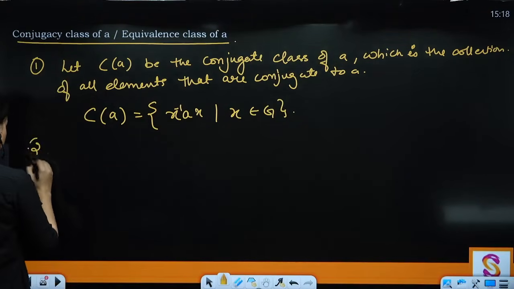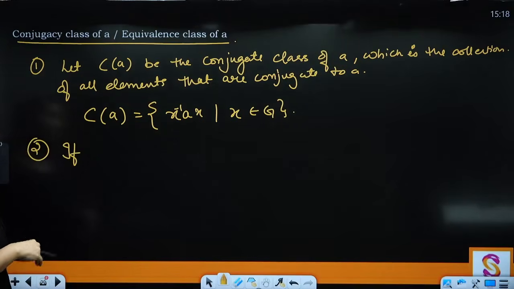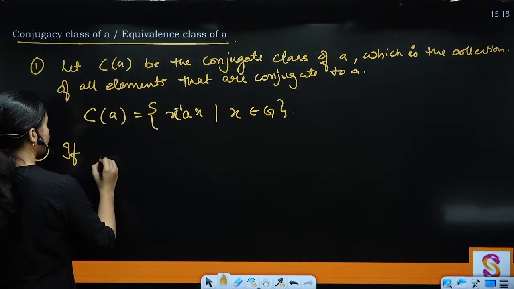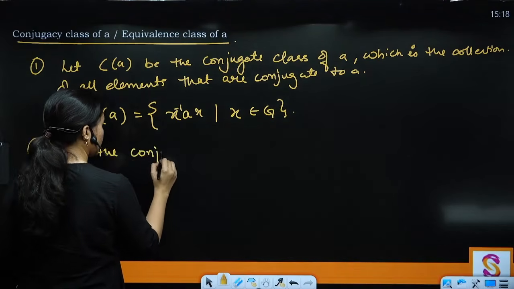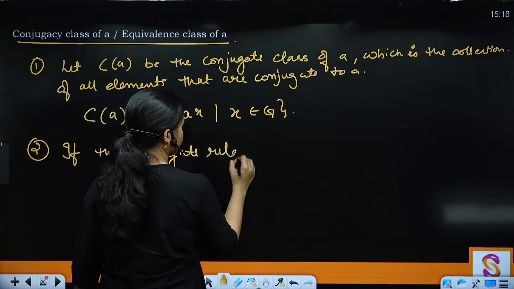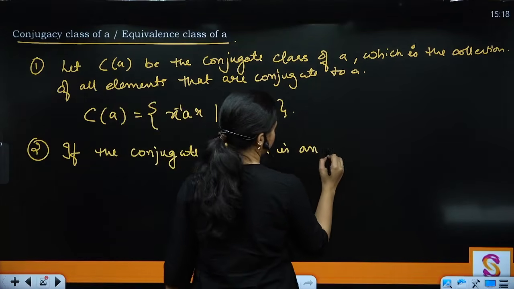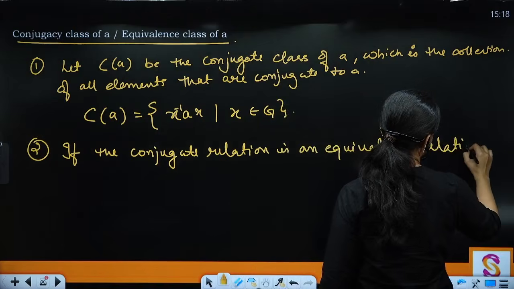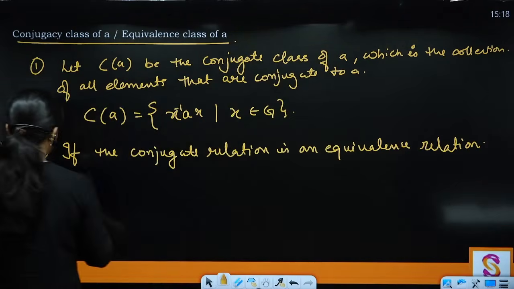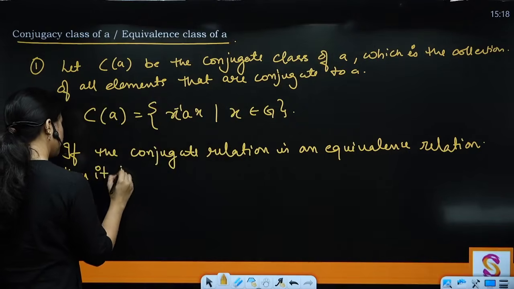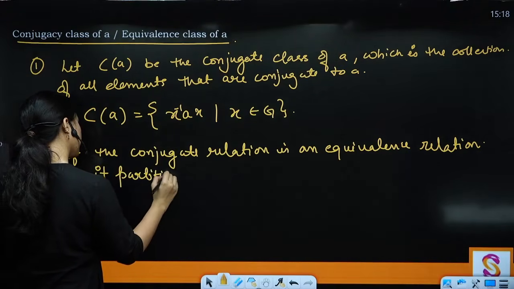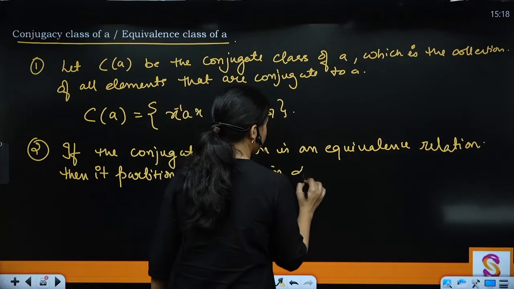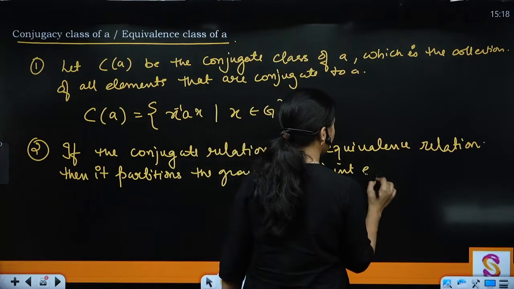Now second, if the conjugate relation is an equivalence relation, then it partitions the group into disjoint equivalence classes.